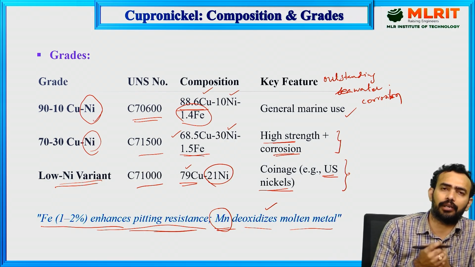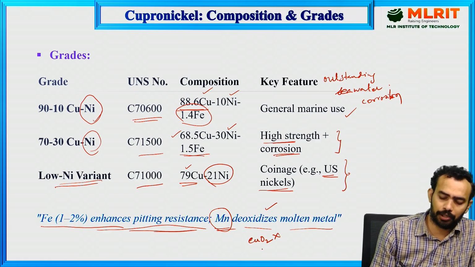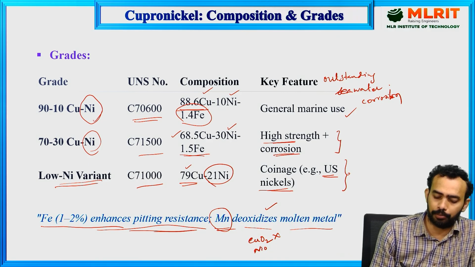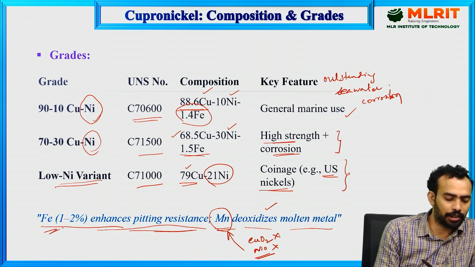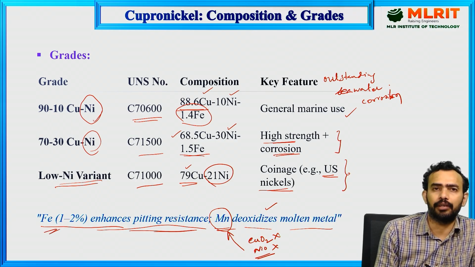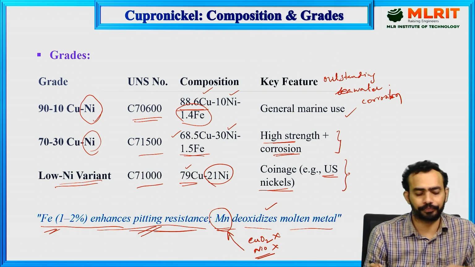Copper can react with oxygen and create copper oxide. So this can be eliminated, and the nickel oxide also can be eliminated, so both can be eliminated with the addition of manganese, whereas iron is added for increasing the pitting resistance of the overall material.